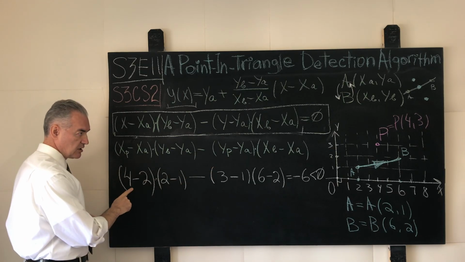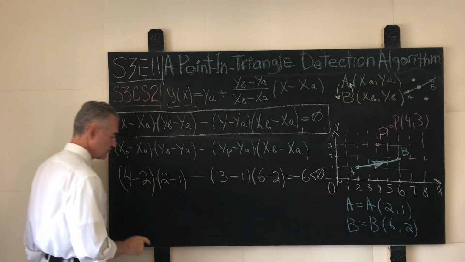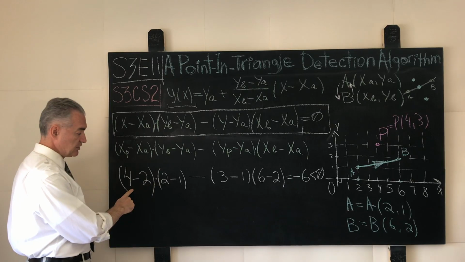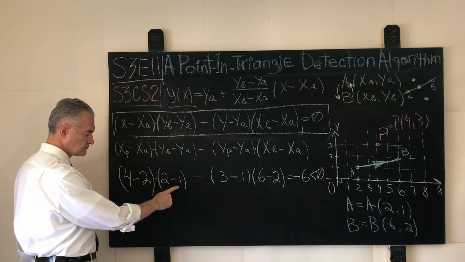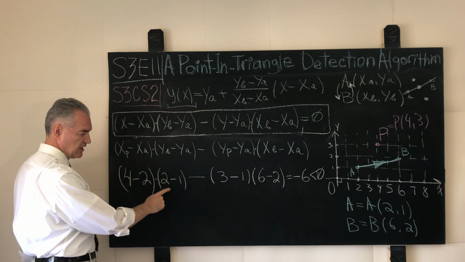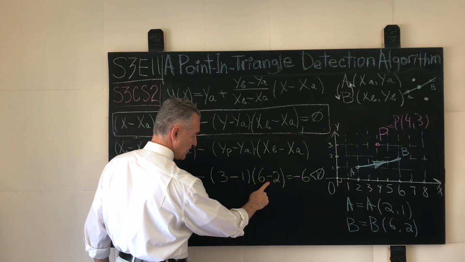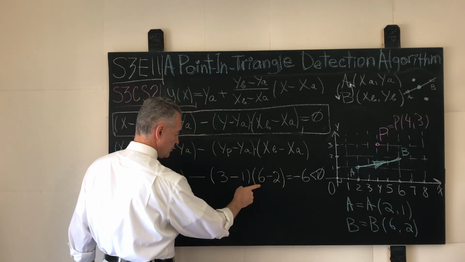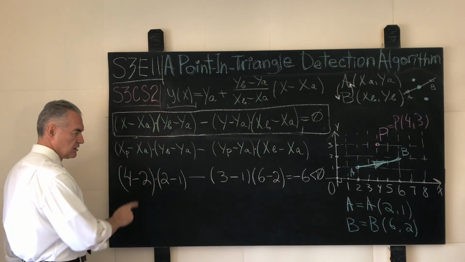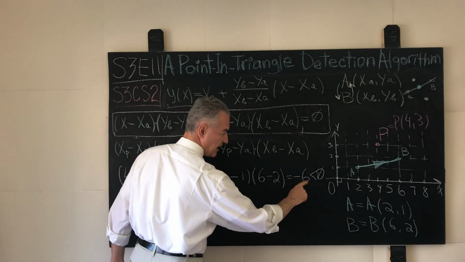We plug the sample numbers shown on the right hand side of your screen into the formula, and we obtain 4 minus 2 times 2 minus 1. This is 2 times 1, which is 2, and then 3 minus 1 times 6 minus 2. This is 4, this is 2, this is 8, and 2 minus 8 is negative 6.